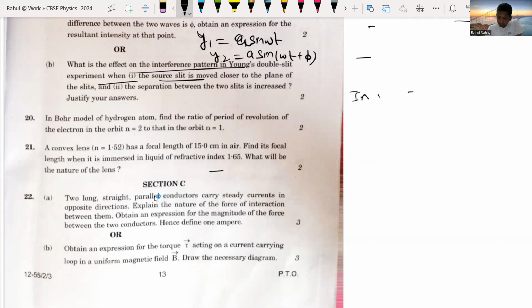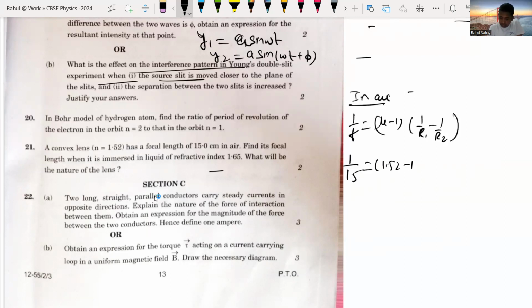In air, 1 by F is equal to (mu minus 1) into (1 by R1 minus 1 by R2). So 1 by 15 is equal to (1.52 minus 1) into (1 by R1 minus 1 by R2).